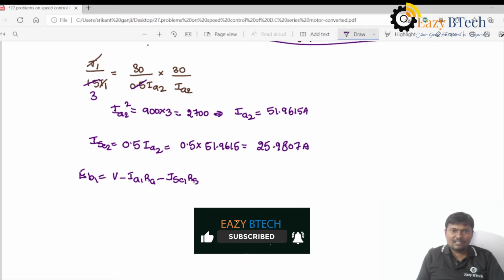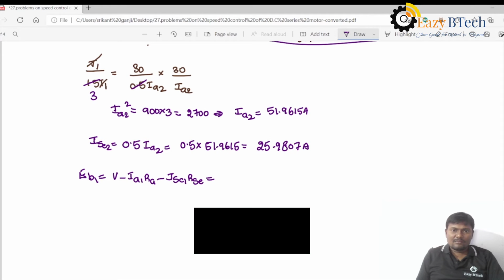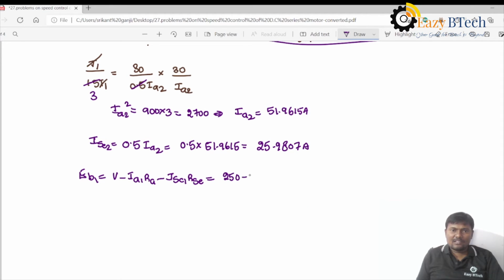So calculate EB1: V minus IA1 RA minus ISC1 into RSC. The supply voltage is 250 minus armature current one is 30, and the armature resistance is 0.1, and again ISC1 is equal to IA in the first case, 30 into 0.1, then I got it as 242.5 volts.